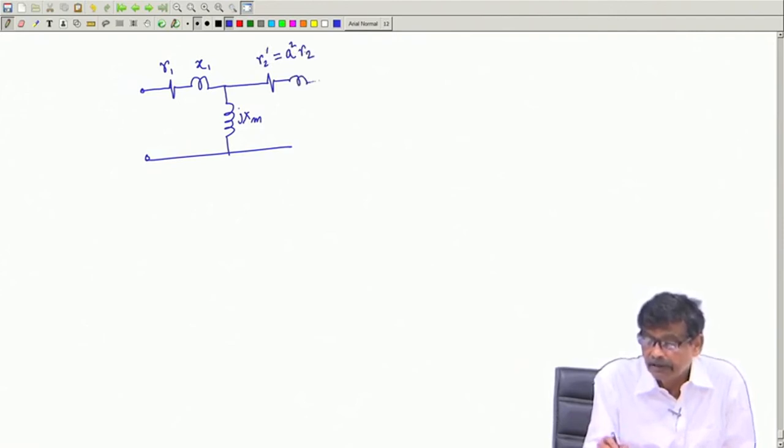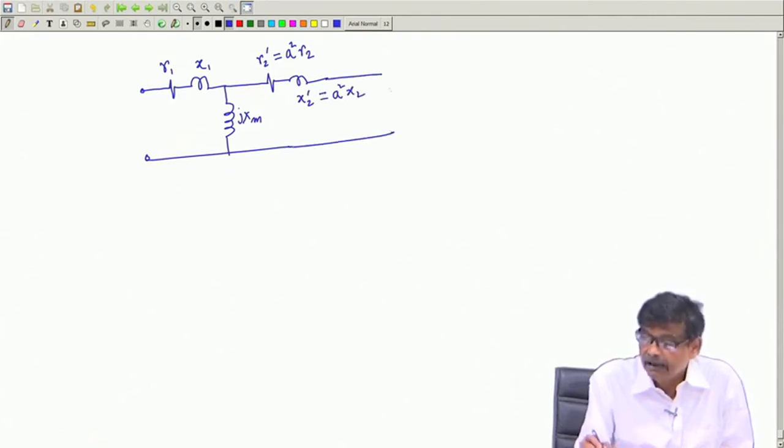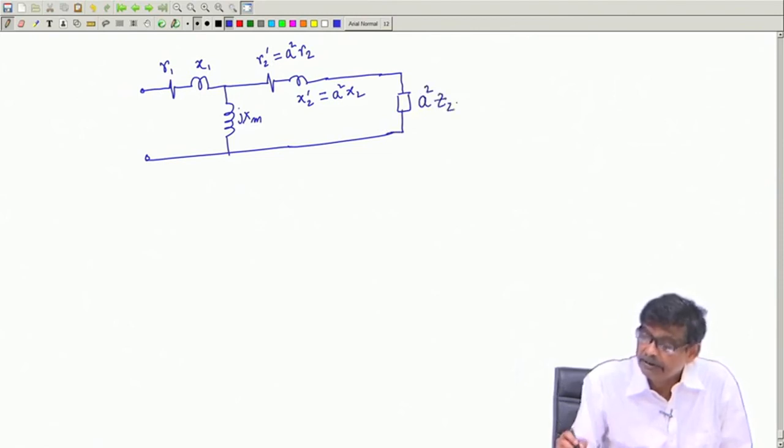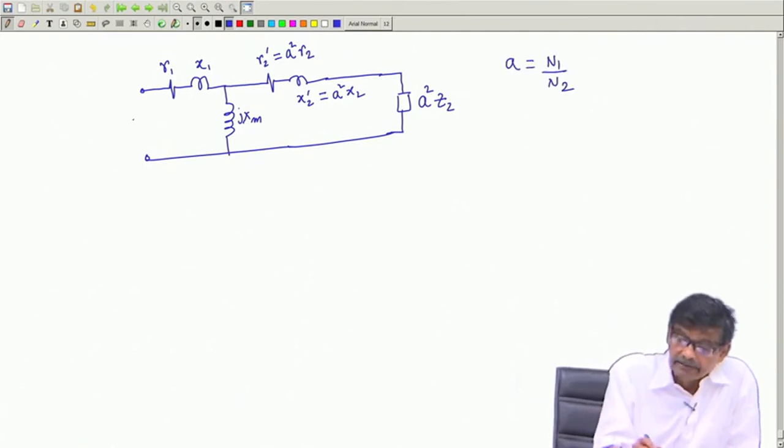Then you have X2 dashed, which will be equal to a square into the actual value of the secondary winding resistance, and whatever load impedance you have connected to the secondary side, a square into Z2. What is a? a is the ratio of number of turns N1 by N2, and this is your V1.